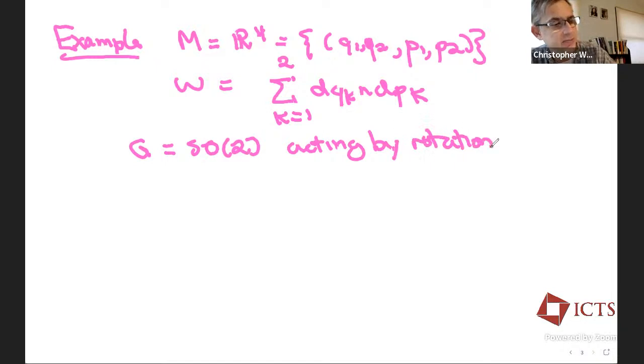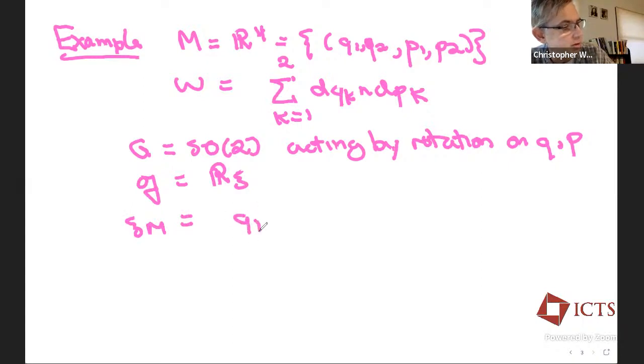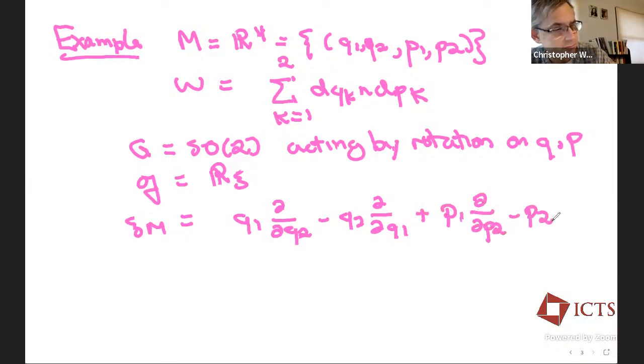So it might act by rotation on both q and p. And so then my Lie algebra is just spanned by this single generator. It's just a one-dimensional Lie group. And the vector field for the action here, I could normalize so that it's something like q1 d/dq2 minus q2 d/dq1. That's the rotational vector field for the action on the qs. And then I do the same thing for the ps.